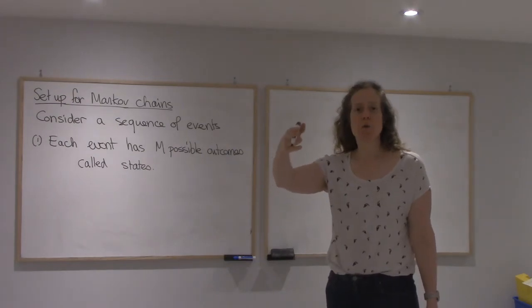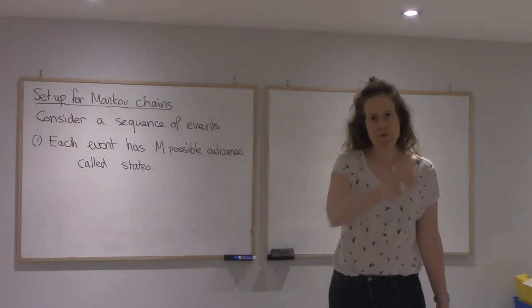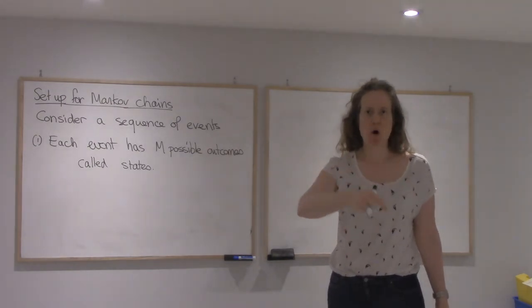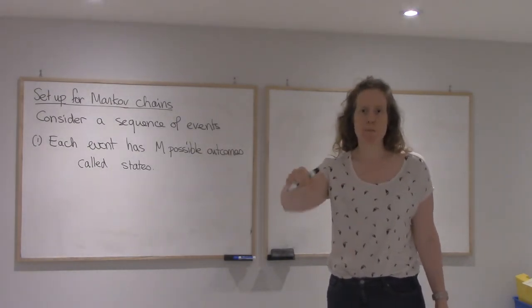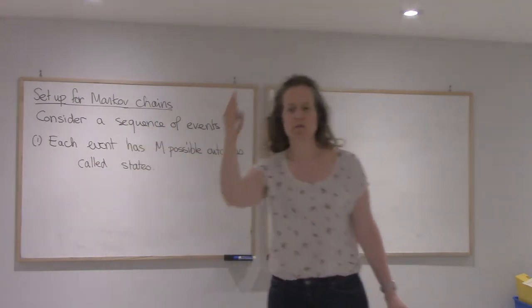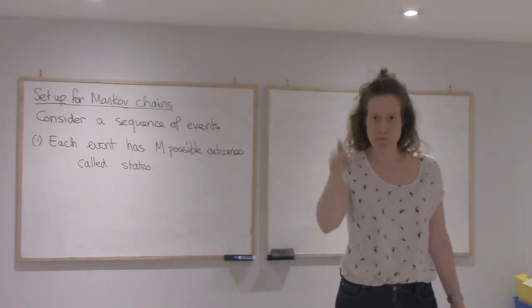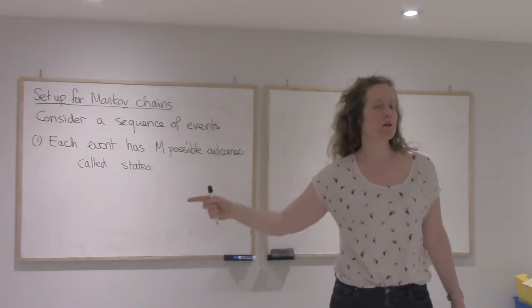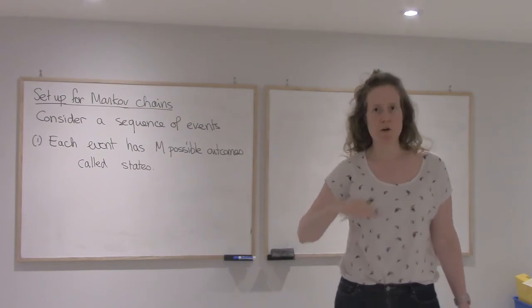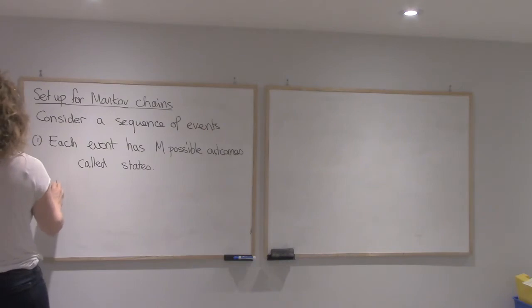And then, when you want to move from one event to the next, the odds of ending in any particular state only depend on where you started from in the last one, not in 20 things down. If you're conservative in this election, the odds of being conservative in the next one depend only on being conservative here. You don't need to know where the person voted 3 elections ago or anything of the sort. So let's phrase this.